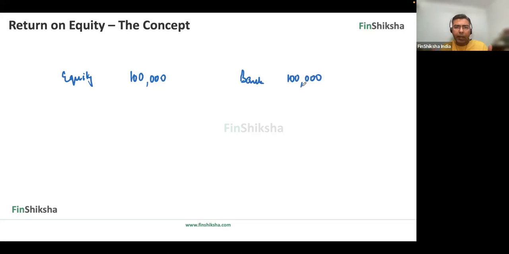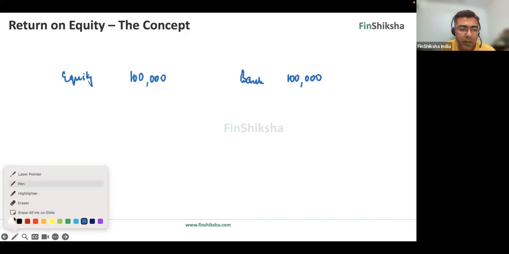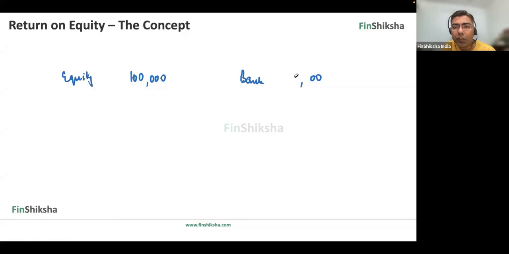That's basically a balance sheet. On one side, you have liabilities and equity. On the other side, you have the bank balance at this point, which is assets. Now, at some point, you could choose to buy some assets. So you're going to remove this from the bank and buy fixed assets worth 100,000.